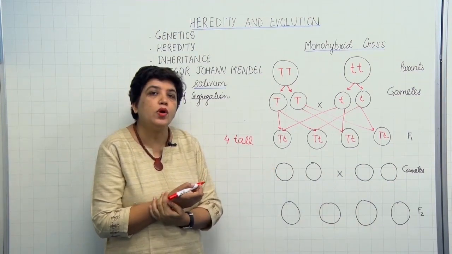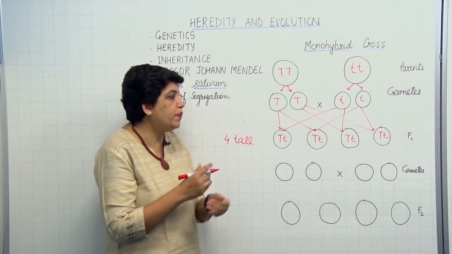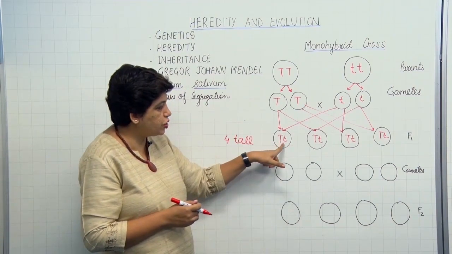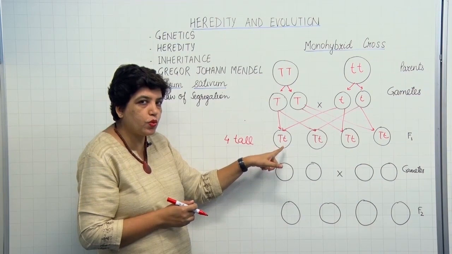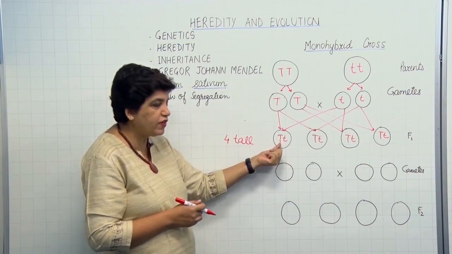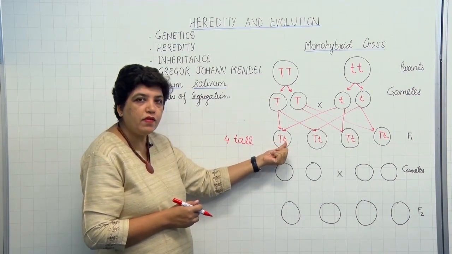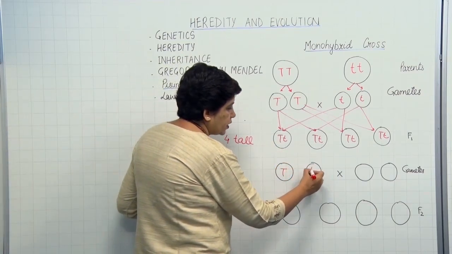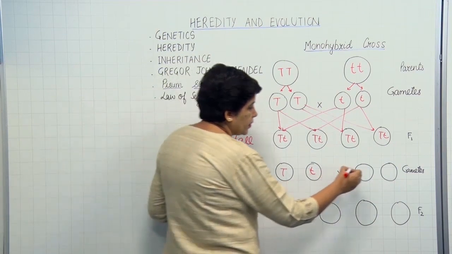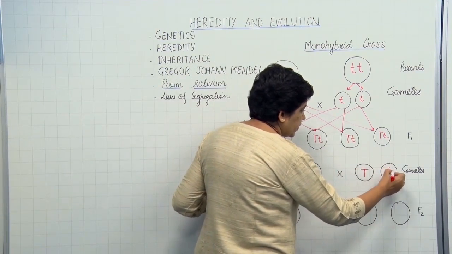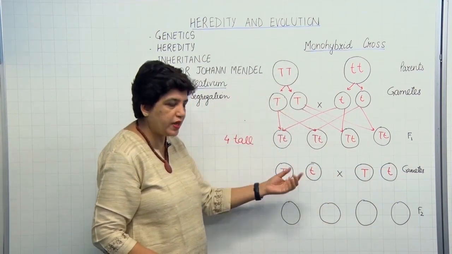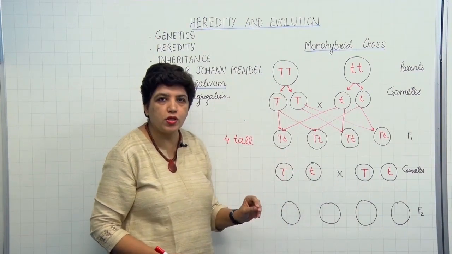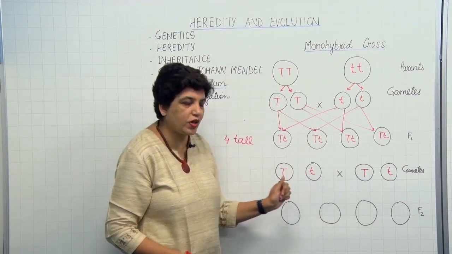Now, what Mendel did was he performed self-pollination with these plants. When gametes are formed from this, what will happen? Half the gametes will have capital T, the other half will have small t. So each plant will lead to two types of gametes, capital T and small t. During self-pollination, what will happen?